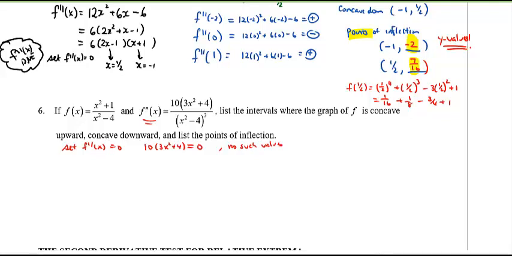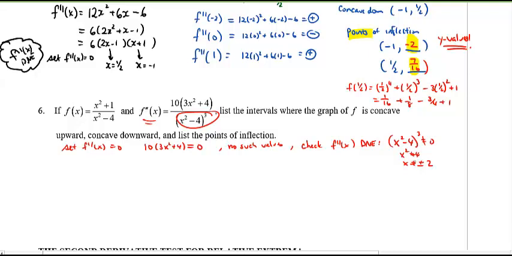Don't forget, I also should check where f double prime does not exist. That occurs, of course, looking at the denominator. So x squared minus 4 all cubed can equal 0. So x squared can equal 4, so x can equal plus or minus 2.